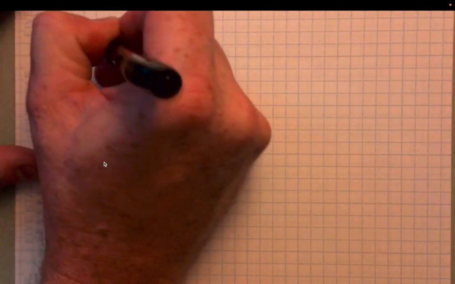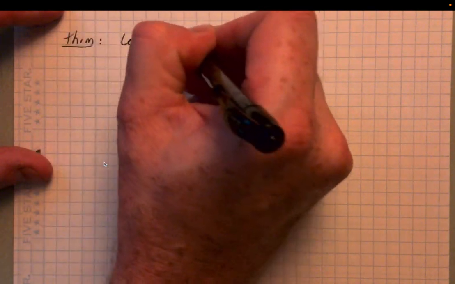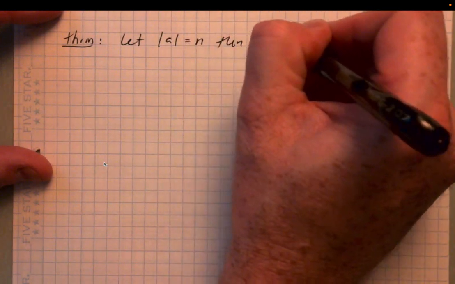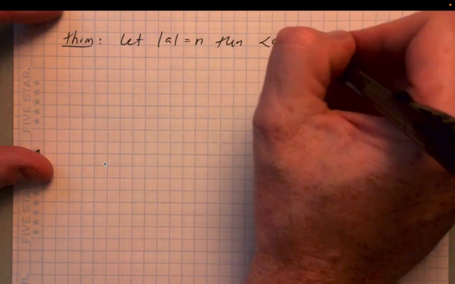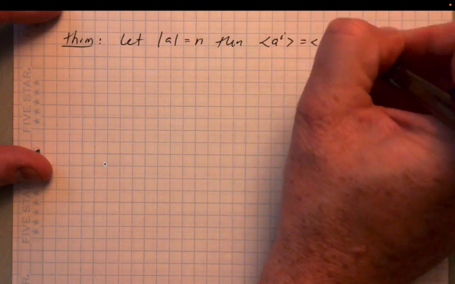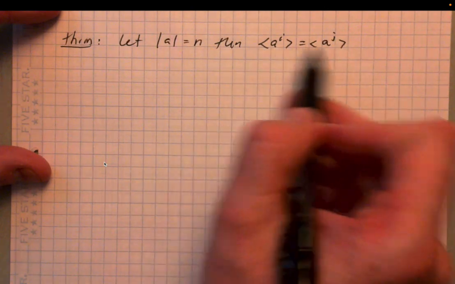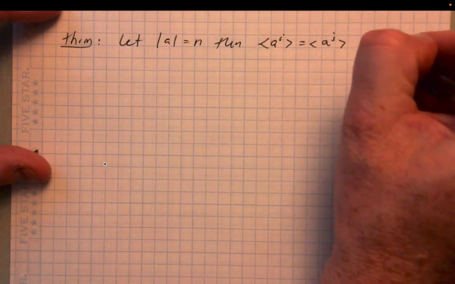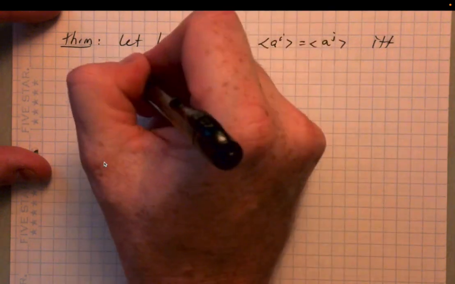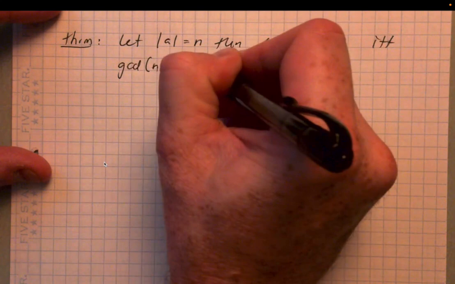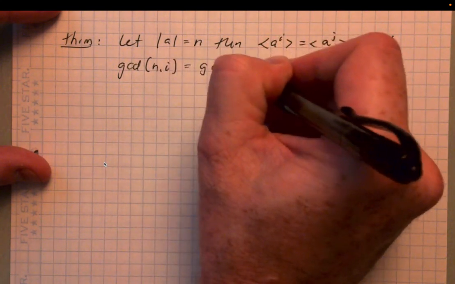The quick corollary here is that if we let the order of a equal n, then the group generated by a to the i is equal to the group generated by a to the j if and only if the greatest common divisor of n and i equals the greatest common divisor of n and j.